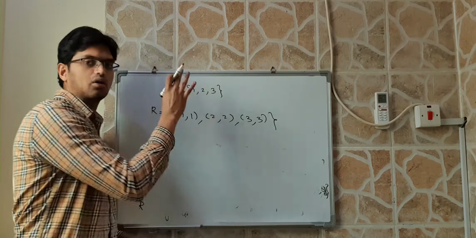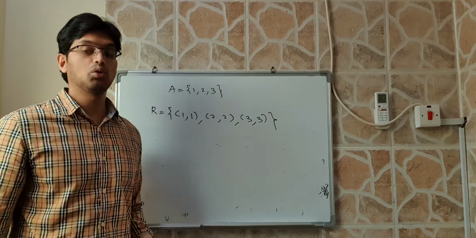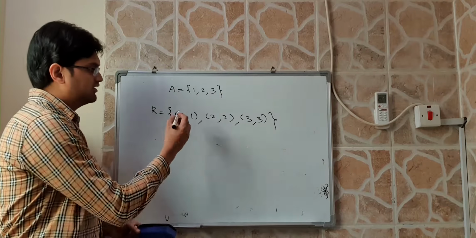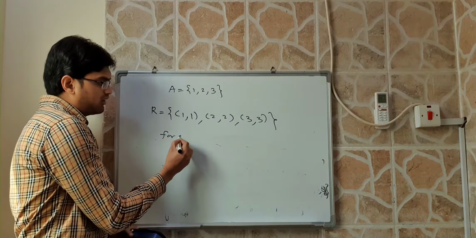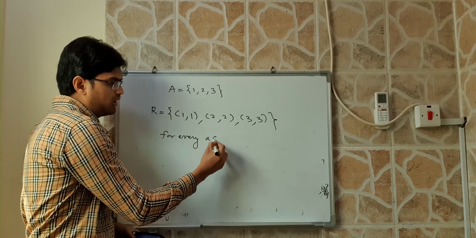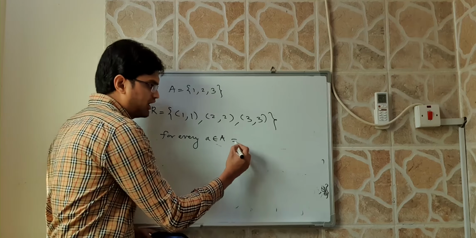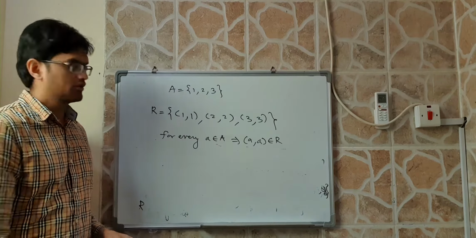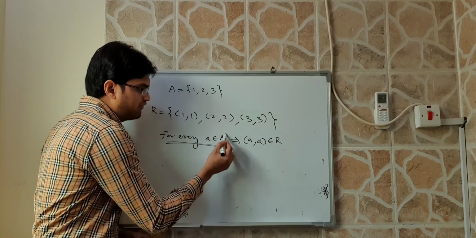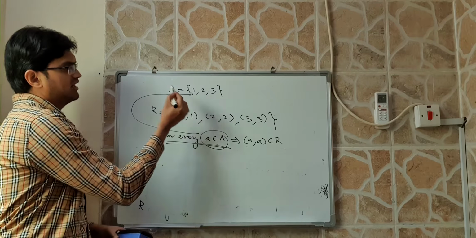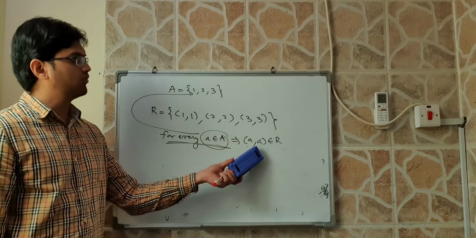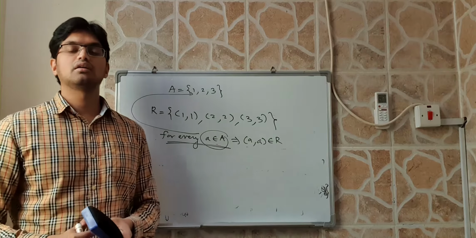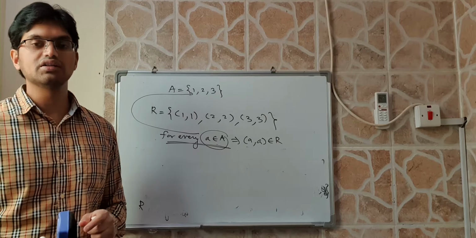This is required according to the definition. Then you can add other elements also. The definition is: for every a belongs to A implies (a, a) belongs to R. That is very, very important. For every a, meaning all the elements in A, I must have the ordered pair in our relation. Hope you have understood reflexive.